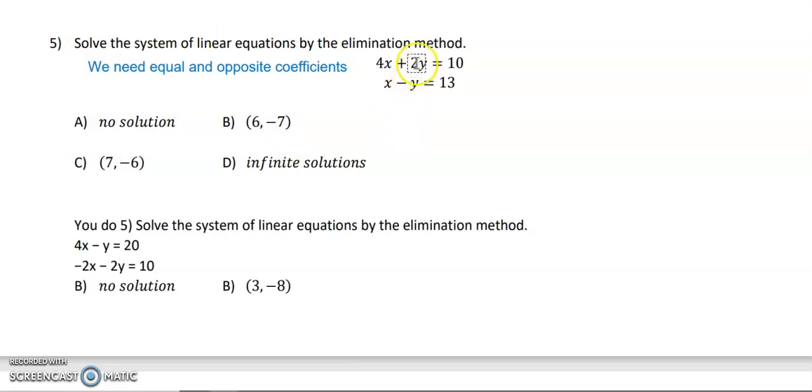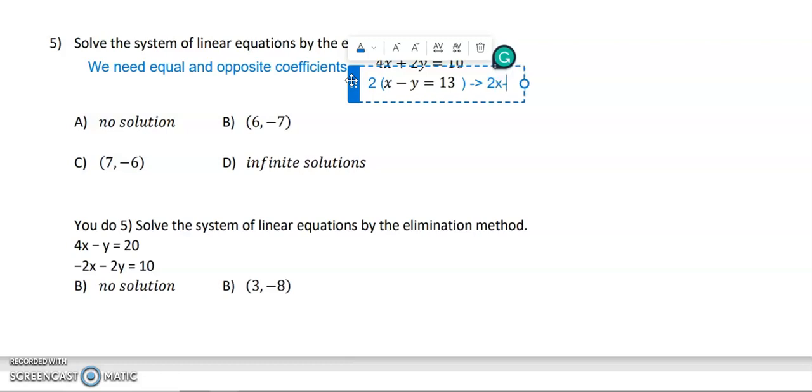And so if I look at the 2y and the y right here, I already have one plus and one minus. I just need the coefficients to be the same. So if I have a 2, I'm going to also need a negative 2. So I could multiply this equation by a 2, which would then give me 2x minus 2y equals 26.